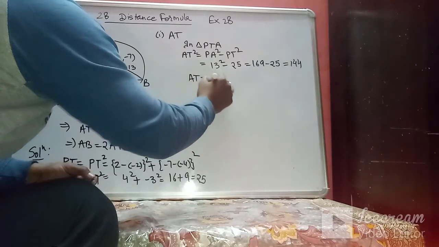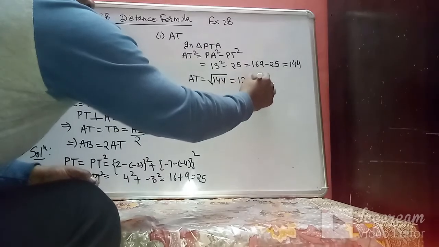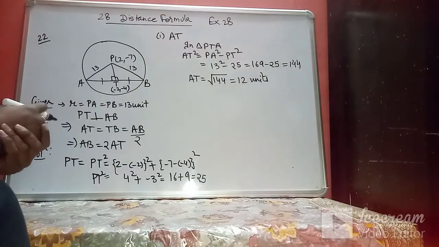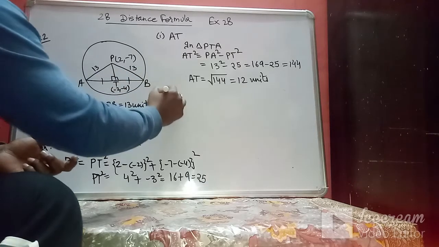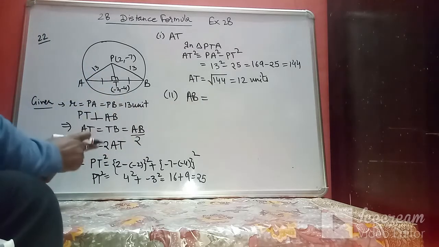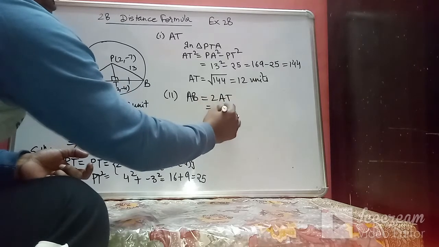So what is AT? 12 units. Since it is a distance, we cannot take the negative value. So AT will be equal to 12 units. Second thing that we need to find is AB.